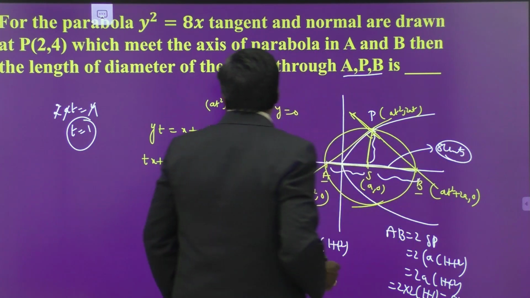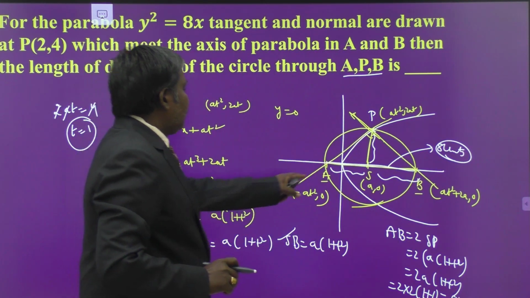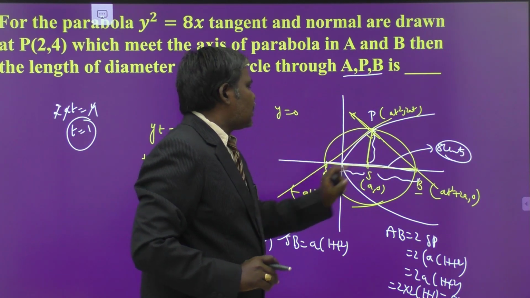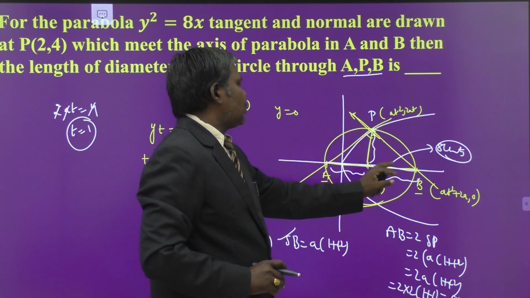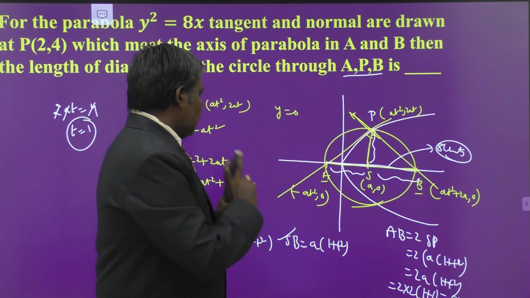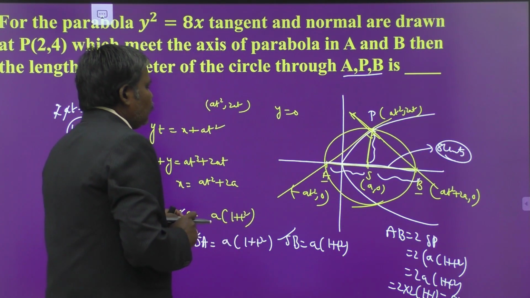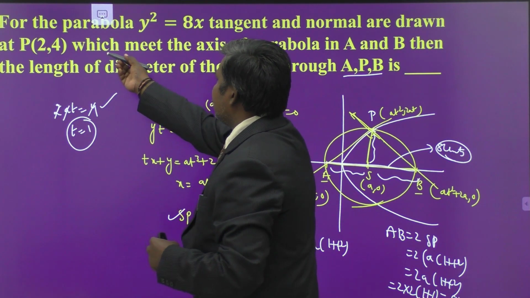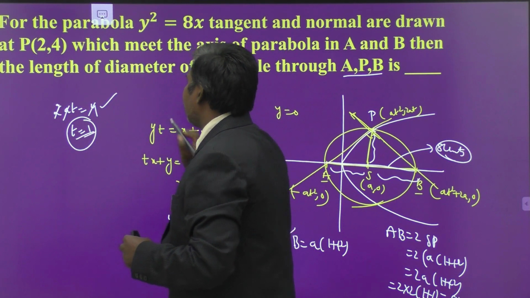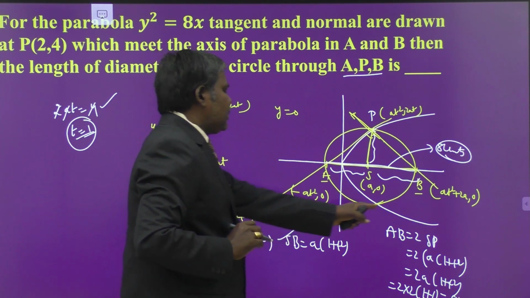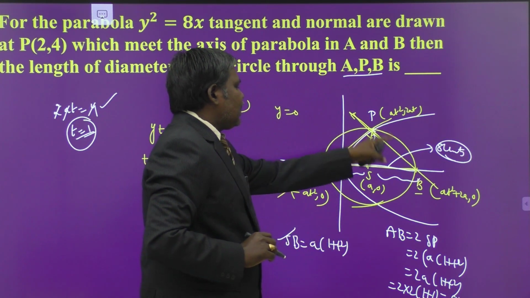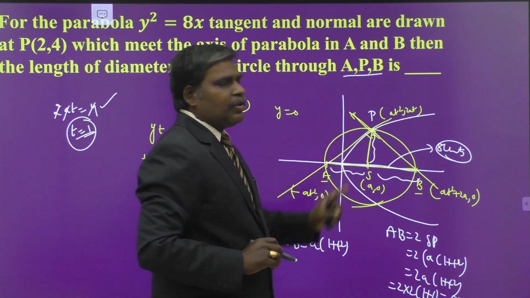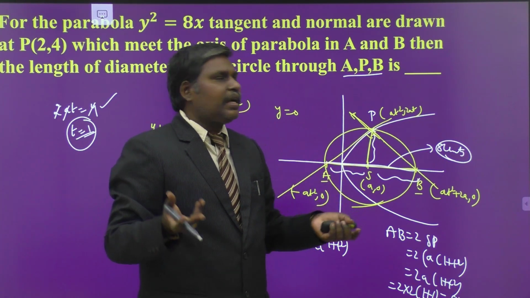So what are the things you have to remember? SA is equal to SB is equal to SP, where A and B are the points of intersection of the tangent and normal at P to the parabola. That is one thing. Also, you have to equate (at², 2at) to (2, 4). From that you calculate the value of t and substitute here itself. And moreover, the angle in a semicircle is 90 degrees, and all of you know that the angle between tangent and normal is always 90 degrees.